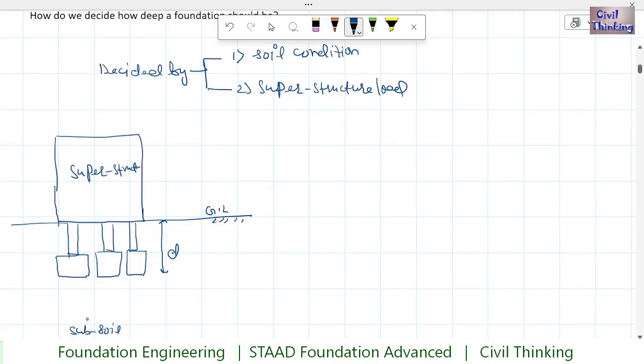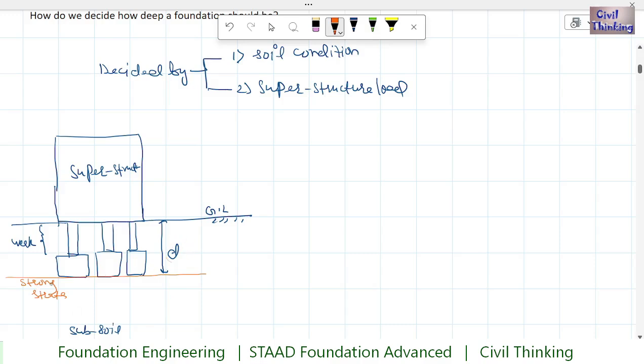Now depending on the soil condition, for example, if the soil is weak in this region, and then we have a strong strata here, or a rock bed. Depending on the soil strength, if the soil is weaker in the top layers, we need more depth so that we can reach a stronger layer. So if we find this strong layer too deep, we have to increase the depth.